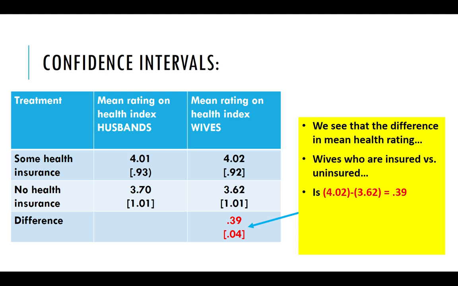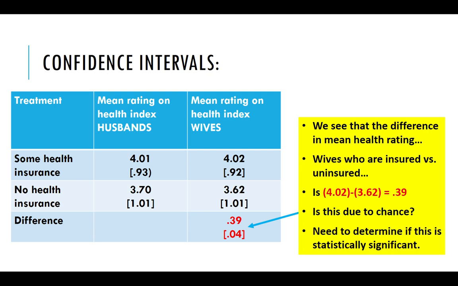Hopefully I've not made any error there. And we want to know, is this difference due to chance? In other words, is this a real difference or is this just by chance, which means this is not statistically significant. So basically, I need to determine if this is a statistically significant difference.